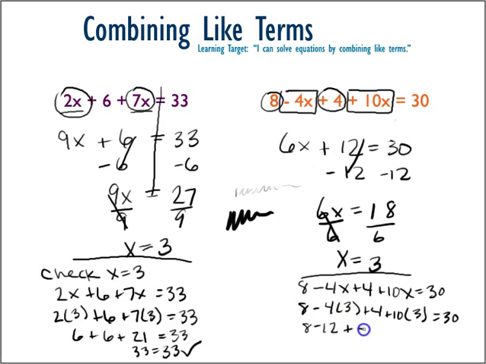Plus 4. And this is really 10 times 3, so it's plus 30 equals 30. Well, if 30 equals 30, hopefully this whole chunk equals 0. And I think it does. 8 minus 12 is negative 4. Plus 4 makes 0. So I think we're good here. So this is 30 equals 30. So that's combining like terms.